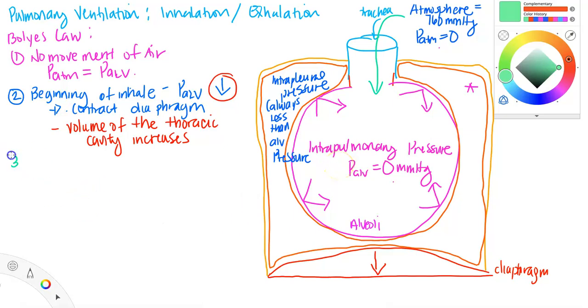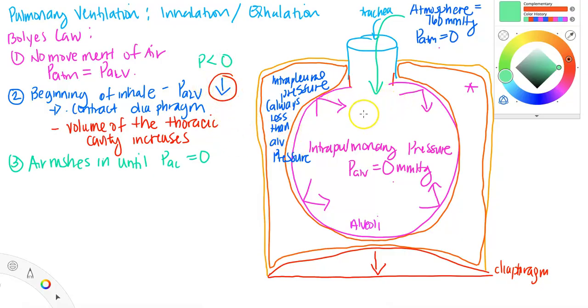Okay? So 3, air rushes in until the pressure in the alveoli equals 0. Because when the diaphragm went down and the air started coming in, the pressure was less than 0, going down.